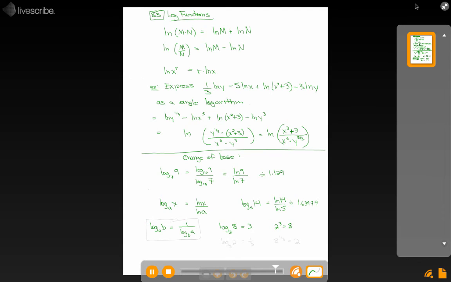Well, if I try to do log base 8 of 2, that's 8 to the power of what equals 2? The answer is 1/3, because 8 to the 1/3, in other words the cube root of 8, equals 2. It can be a useful one. It's not on the Math 30 formula sheet because we didn't run into it then, but it is something that can allow you to simplify things a little bit sometimes.